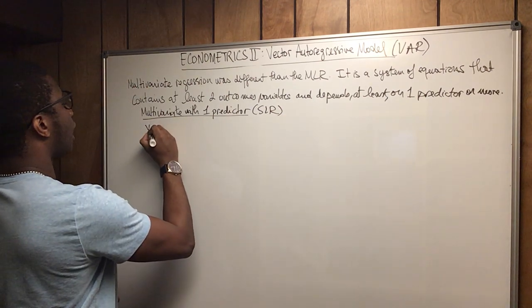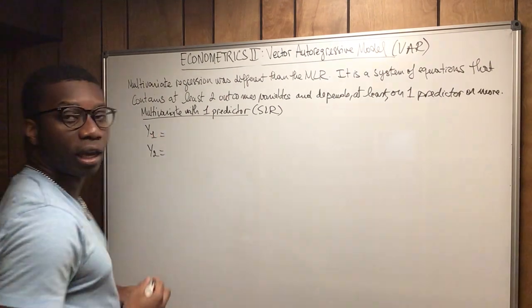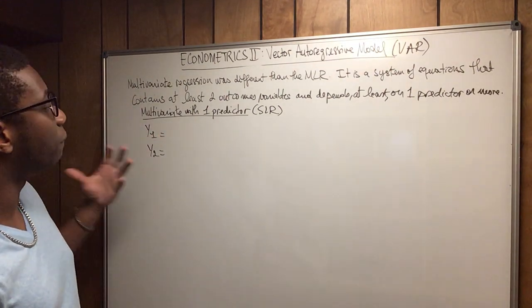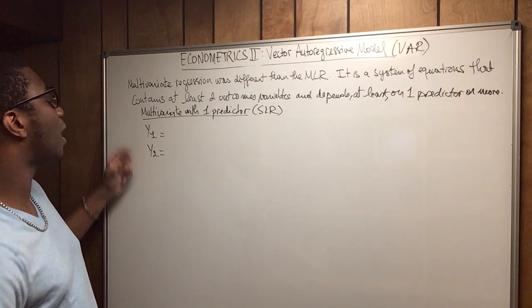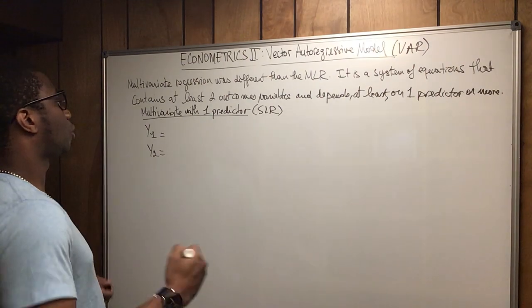So you usually have Y1 and Y2. Every time you start dealing with the multivariate, always start with the fact that you have 2 outcome variables, always.